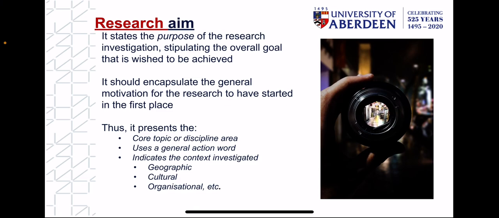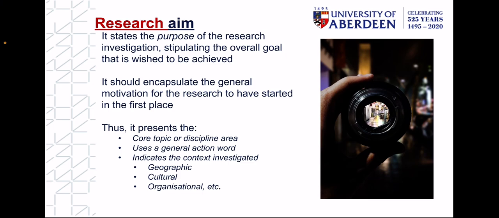Well, the research aim displays the aspiration or intentions of any given research study. The research aim is usually articulated in a sentence, and it should summarize in a specifically phrased way what you want to achieve at the end of your research.